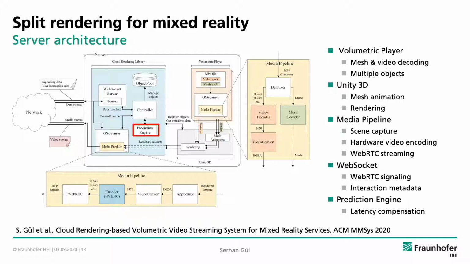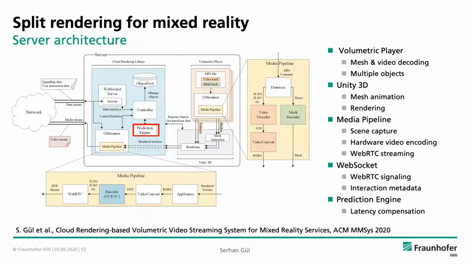So to sum up, a combination of 5G, edge computing, hardware video encoding, and head pose prediction brings low latency to our system, and we are able to provide a smooth user experience. In our preliminary tests, we reached about 60 milliseconds of end-to-end latency with the server located on an Amazon EC2 cloud instance.